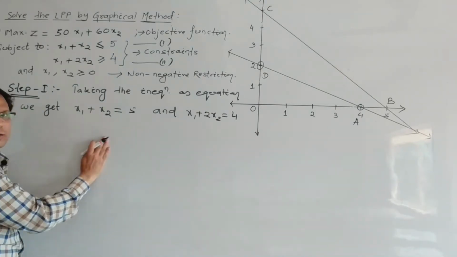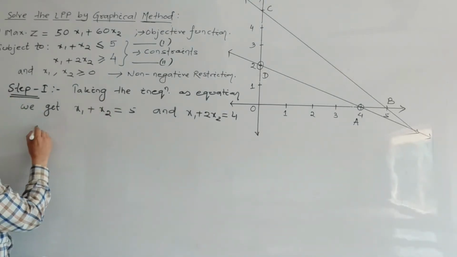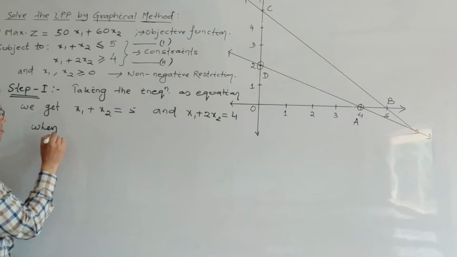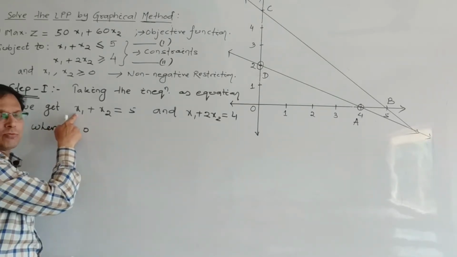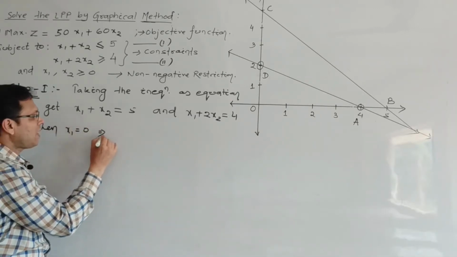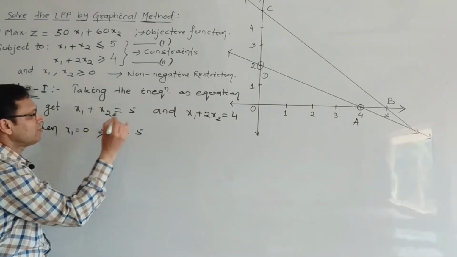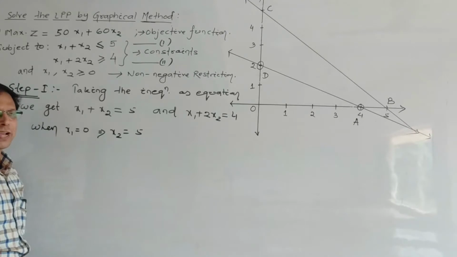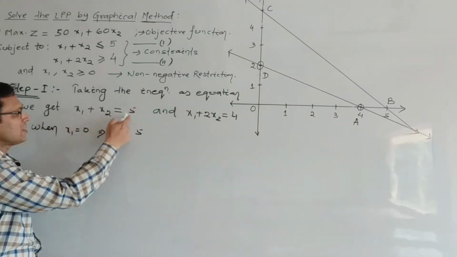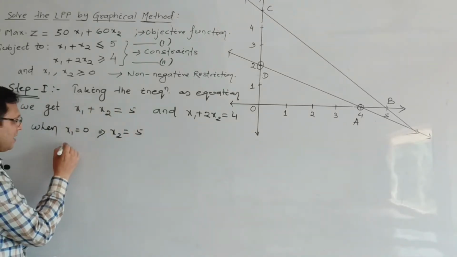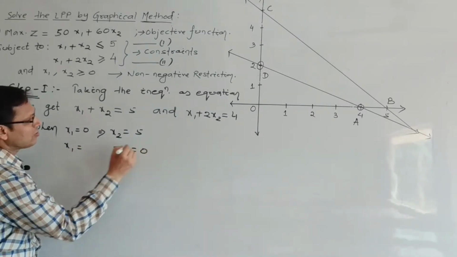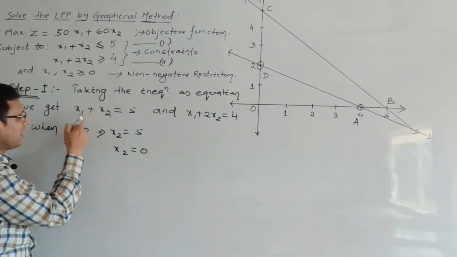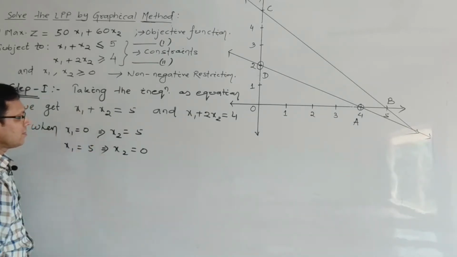Now these two are equations. In the equation, when x1 is equal to 0, what is the value of x2? That implies x2 is equal to 5. So (0, 5) is one of the points on the line x1 plus x2 is equal to 5. Again, if x2 is equal to 0, then x1 is equal to 5.